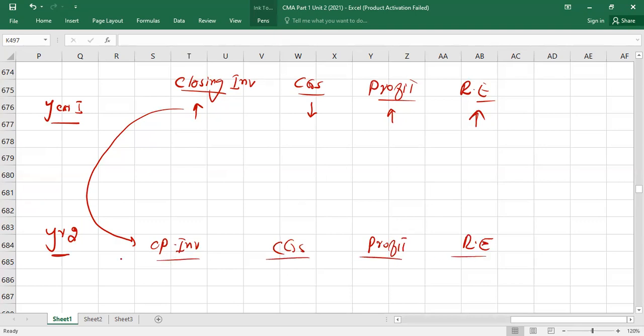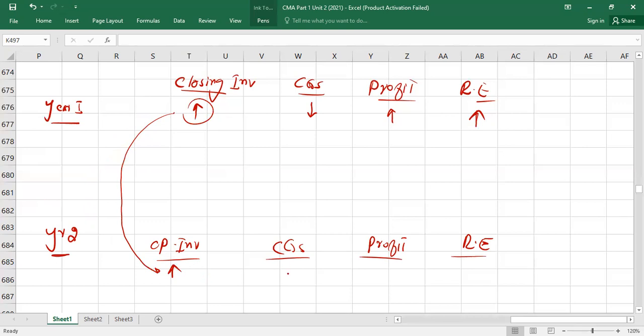Ready? If closing inventory was overstated, obviously next year what will happen? Opening inventory will be overstated, right? Now think about year 2, what will happen next year.